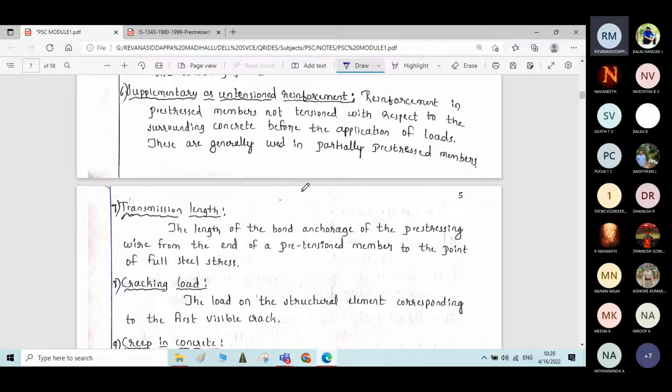There will be some reinforcing bars and some tendons which are stressed and through which the stresses are induced into the concrete. The reinforcing bars we use in that case are called supplementary or untensioned reinforcement. Untensioned reinforcement means we are not going to stretch these bars or apply pre-stresses through them.